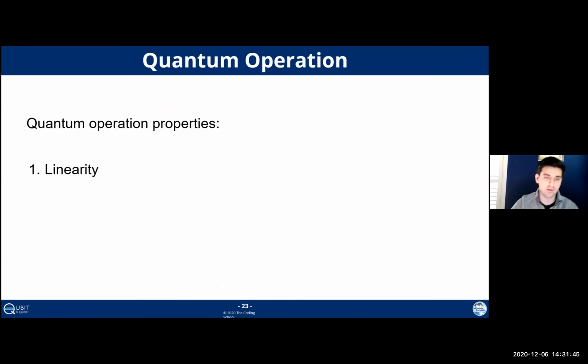And what do I mean by that? Let's say I have a quantum operator, which I'll call A, arbitrarily. If I apply it to a superposition state alpha 0 plus beta 1, it's as if I've applied this operator to every element of the superposition individually.